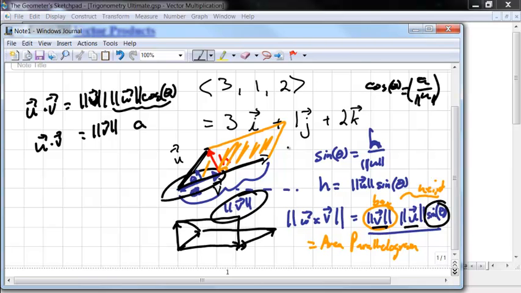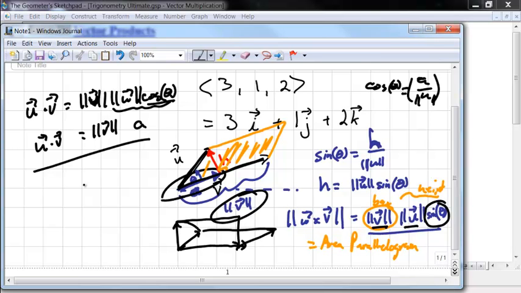In contrast, the dot product can be thought of this way. If the two vectors are going in the same direction, then the angle is 0, and so that part is just 1, and you're just multiplying the two vector lengths together.